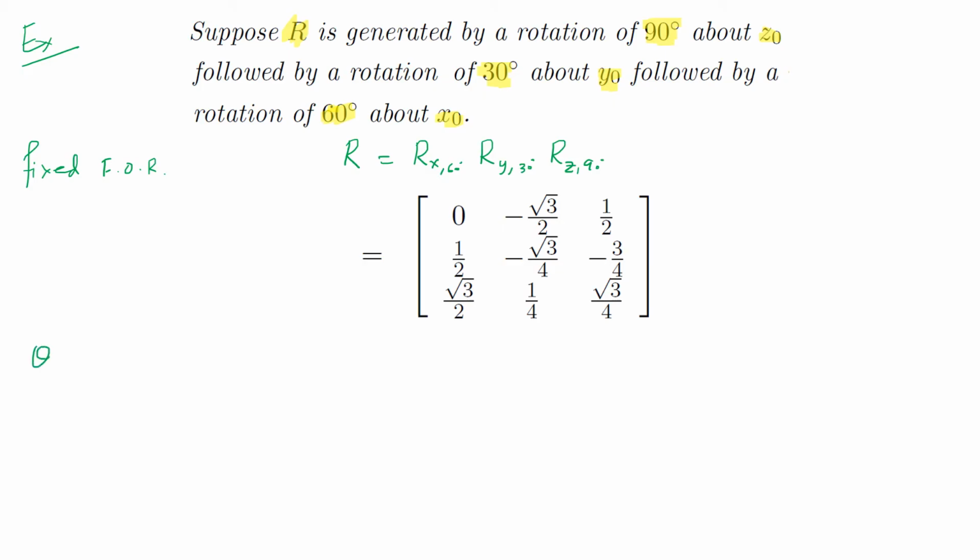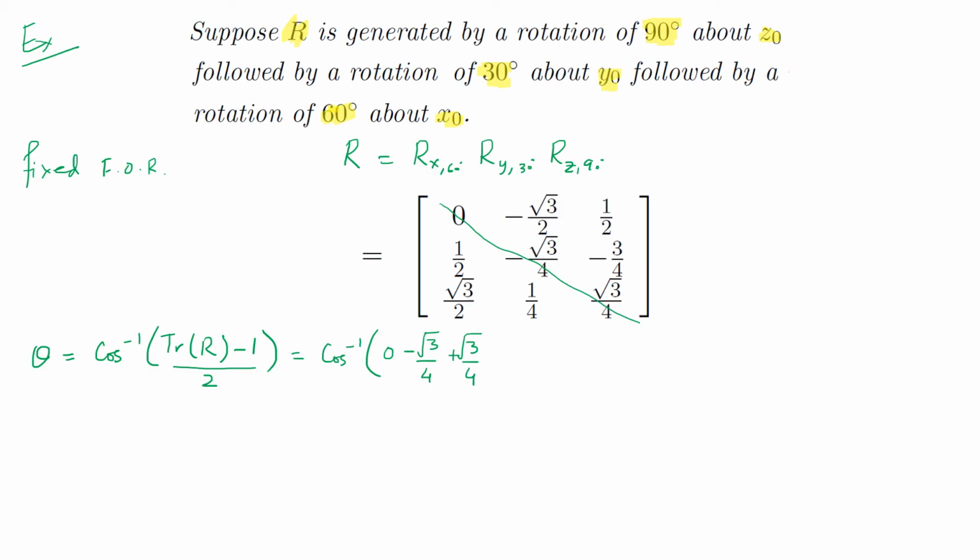The very first one corresponds to the angle. The equivalent angle is equal to cos inverse of the trace of any rotation matrix R, and in this case a composition of rotations, minus 1, whole over 2. Now in this particular case, I can readily find the trace from the elements on the diagonal. So this is going to be 0 minus root 3 by 4 plus root 3 by 4.